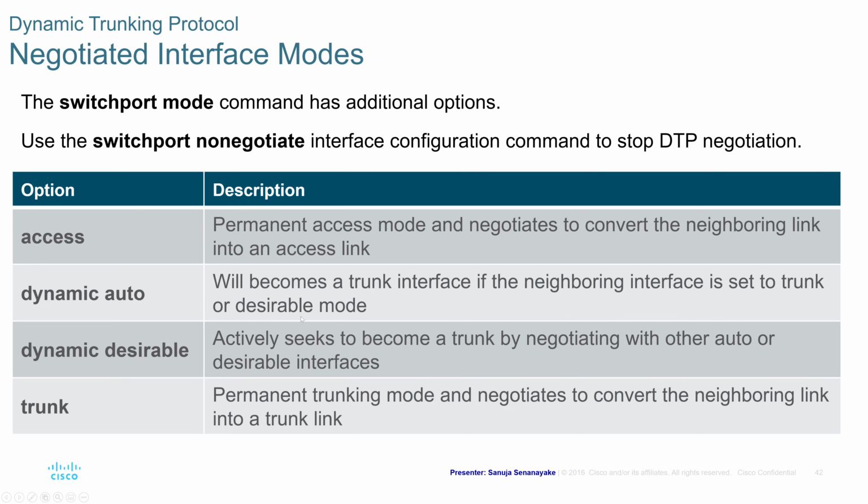Dynamic desirable will actively seek to become a trunk by negotiating with the other auto or desirable interfaces, so it will give priority to trying to set it as a trunk. And trunk mode is permanent trunking mode and negotiates to convert the neighboring link into a trunk link. So you should know what these options are and how they differ from each other.